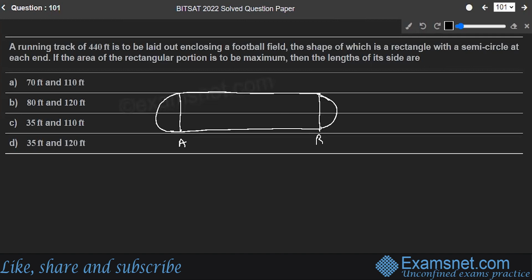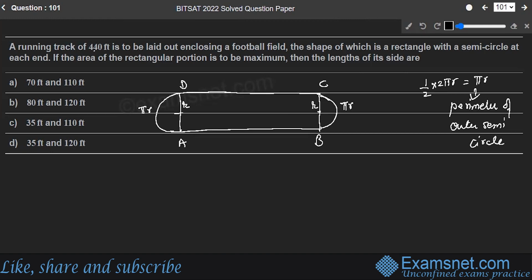This is point A, B, C, and D. Let's say this is the radius R. So definitely this is pi R, this is pi R, which is half of 2 pi R, perimeter of outer semicircle.